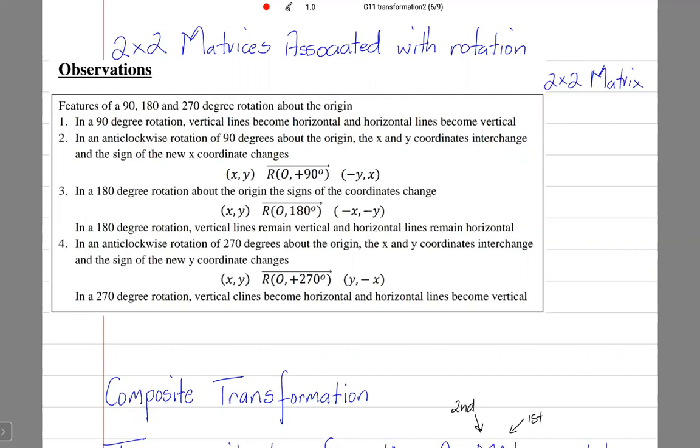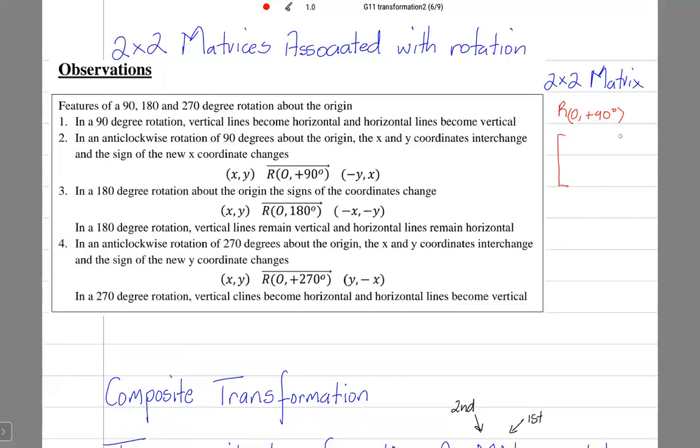First of all, R0 plus 90 degrees, as we were discussing earlier, is an anti-clockwise rotation of 90 degrees about the origin. Now, in an anti-clockwise rotation of 90 degrees about the origin, the X and Y coordinates interchange and the sign of the new X coordinate changes.